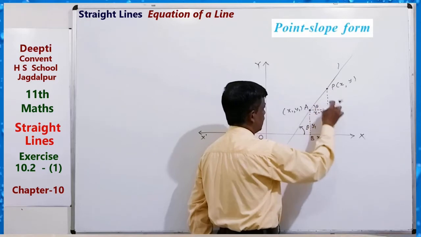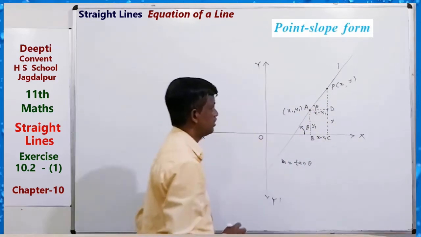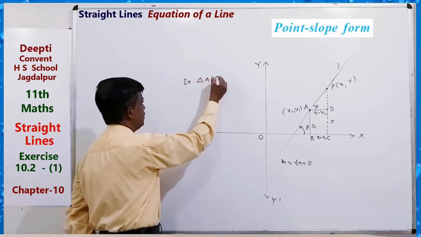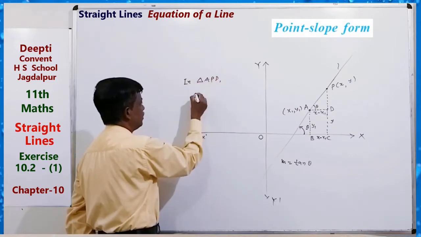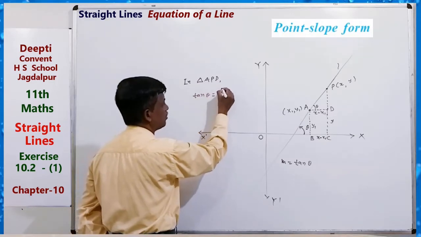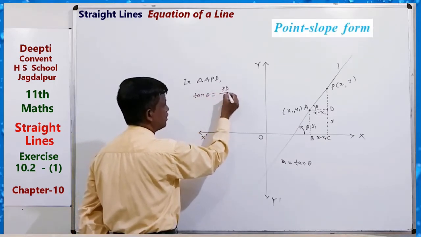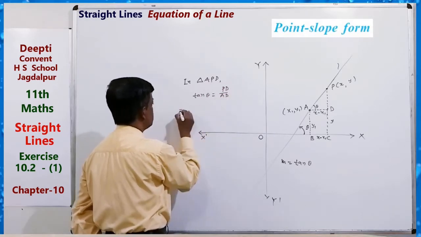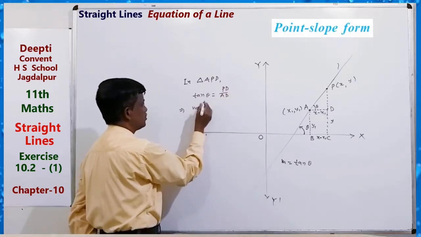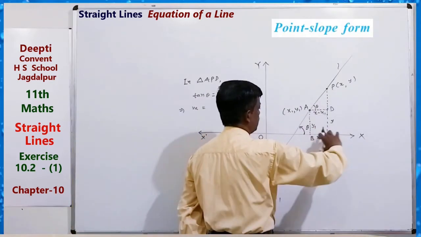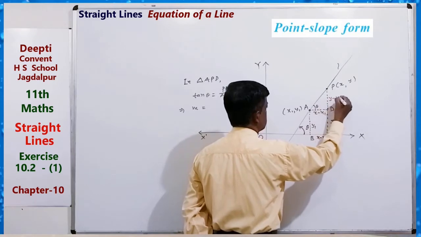So in triangle APD, tan theta equals perpendicular by base, PD by AD. So here m is the slope. PD is what? This is y, this is y1, so this is y minus y1.